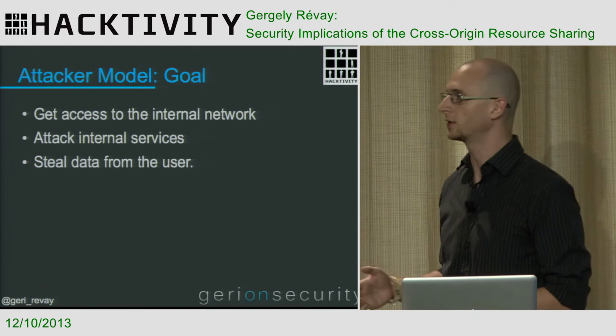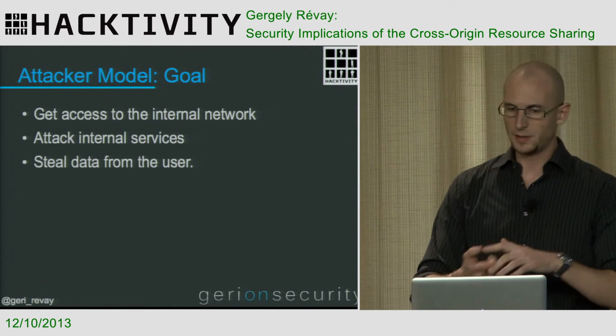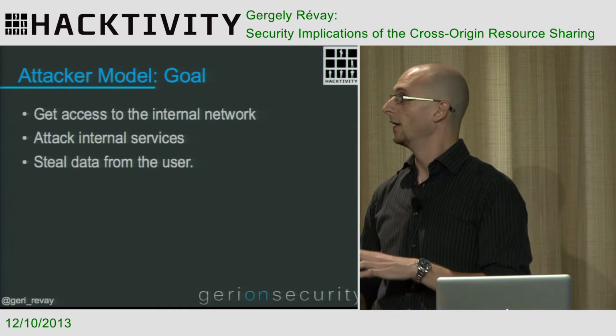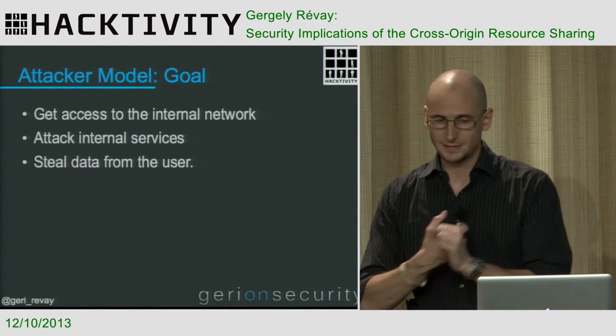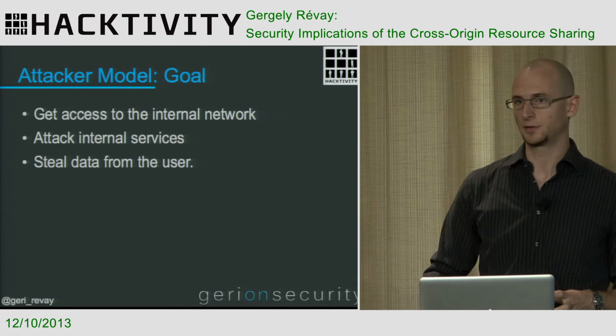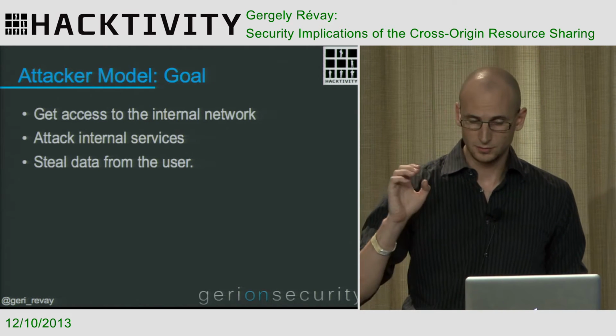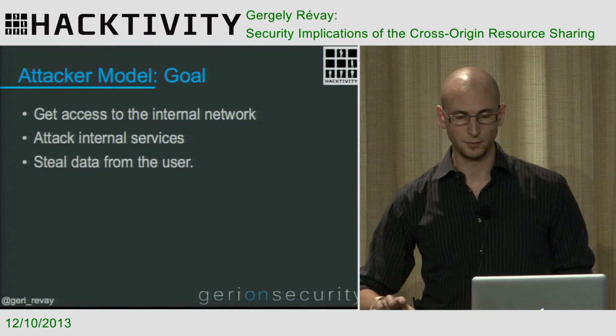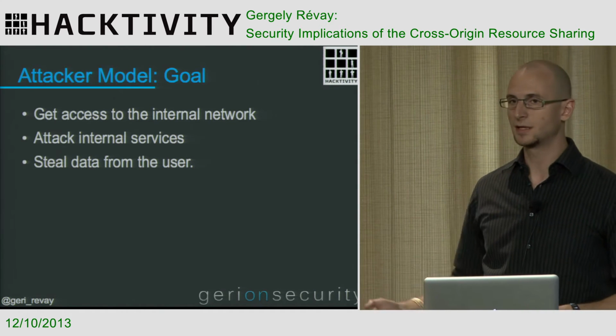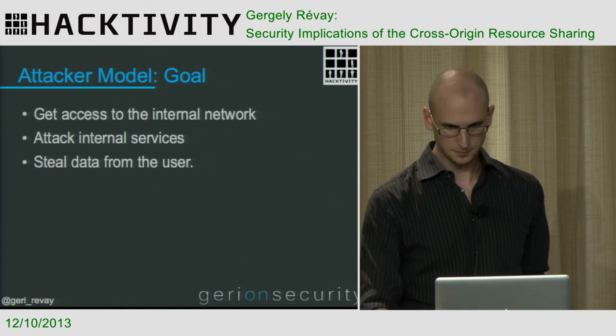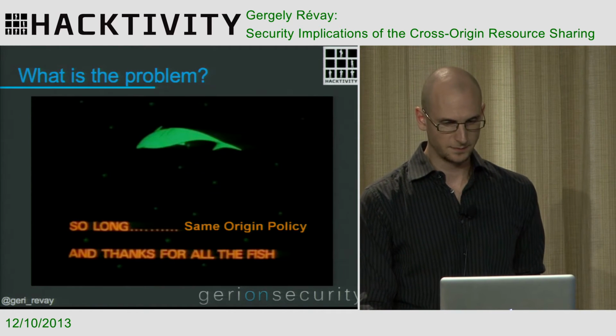One could be, as I've already said, to just get access to the whole network, not to attack something, just to get access, to attack the services in the internal network, or to simply steal data through this user. But how does he do it?